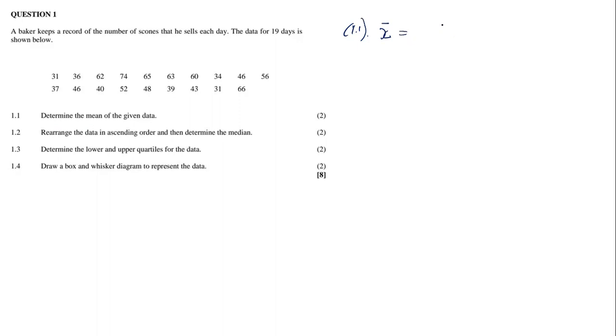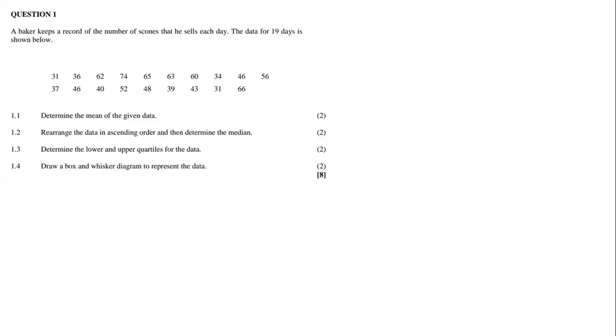You can start by writing your formula: the sum of all X values, from i to n, divided by n. That means we're going to add all of these values on our calculator and divide by the total number of these values.